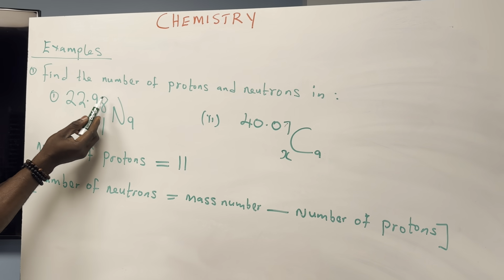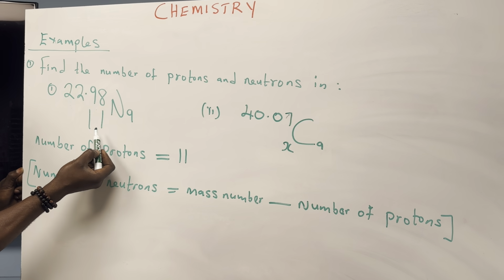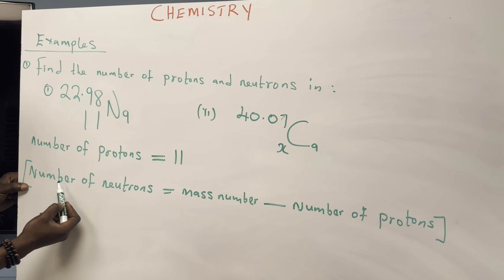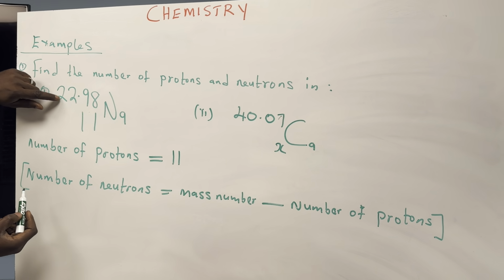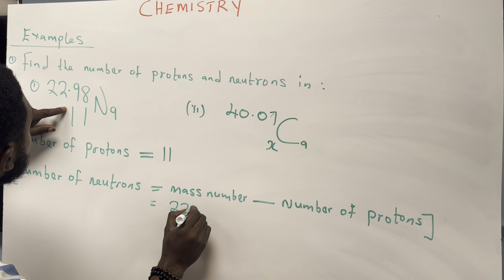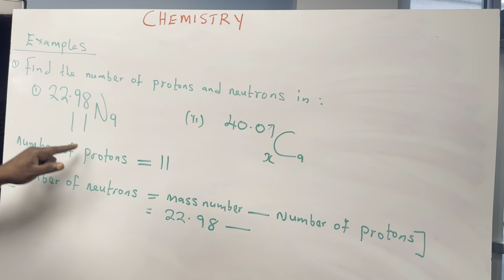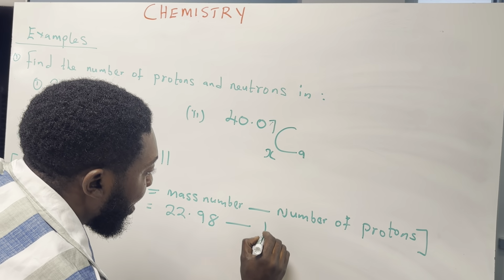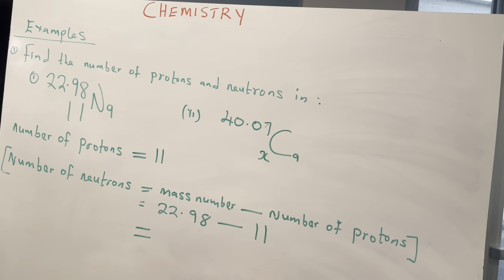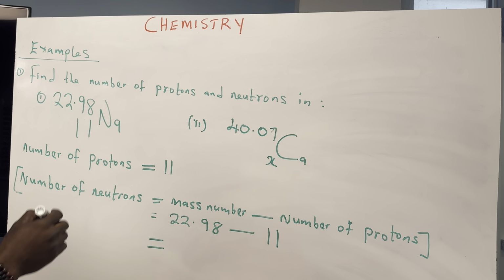The number up above the element is called the mass number. The one below it is known as the atomic number or number of protons. So to get the number of neutrons, we take the mass number here, which is 22.98, and subtract 11. Whatever you have is the number of neutrons for this question.